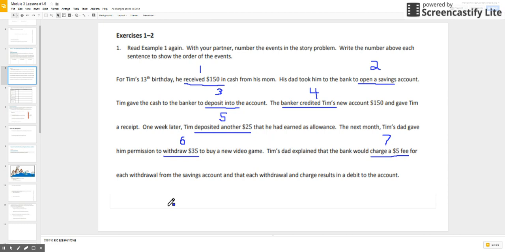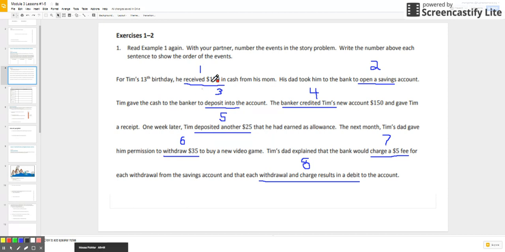And the final part is that each withdrawal and charge results in a debit to his account. So a withdrawal, which is a charge, results in a debit to his account. That's event number 8. So these are all the things that are going on.